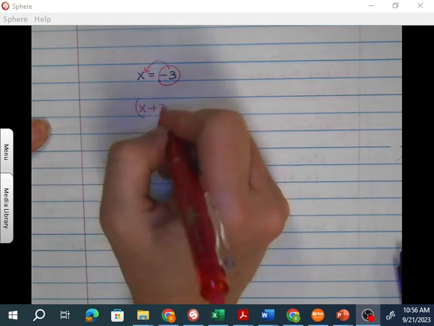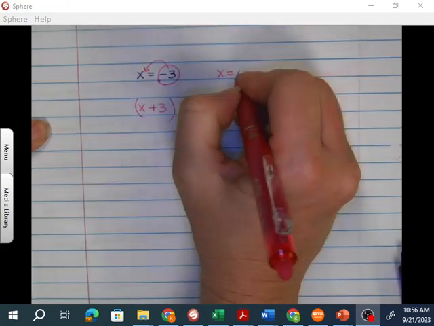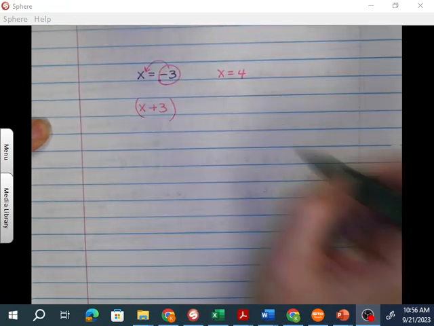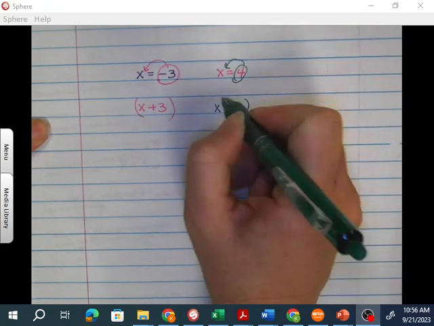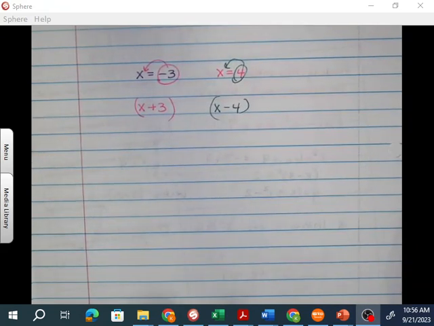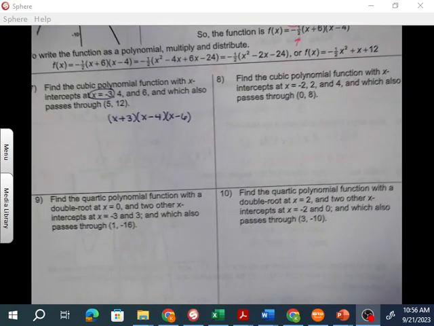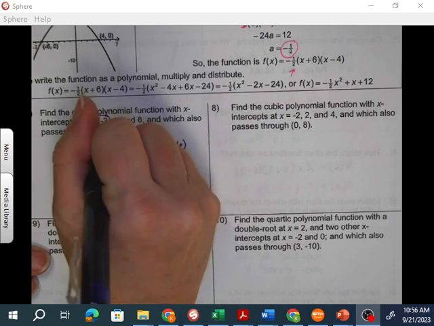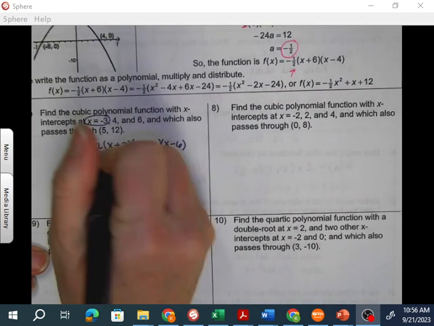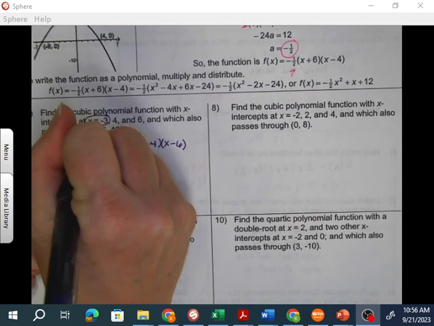That's where this is coming from. So x equals 4, if I move 4 to the other side, that would be x minus 4 with no equal sign. Now it's a factor. So we're rewriting them as factors. All right, I don't know my a value, so I'm just going to put an a in front. That equals f of x.